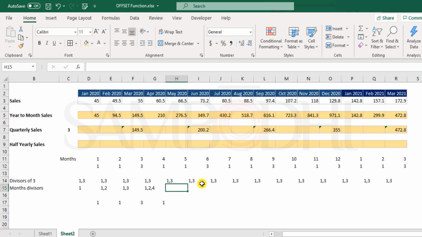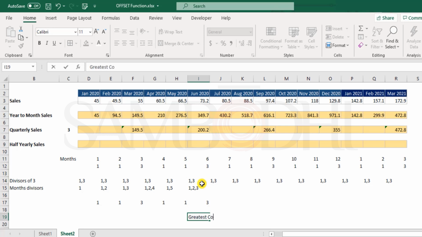But now when it comes to May, that's number 5. So 5 can be divided by 1 and number 5 itself. So what is common? It's 1. Now 6 can be divided by 1, 2, and 3. And what is common over here? We have 1 as well as 3. But which of them is the greatest? It's 3. That is the reason we say GCD, which is greatest common divisor.